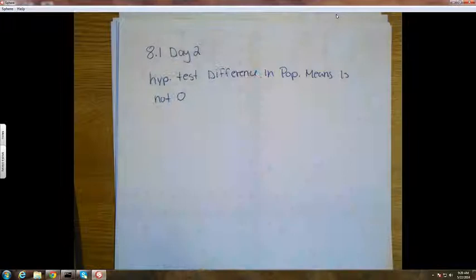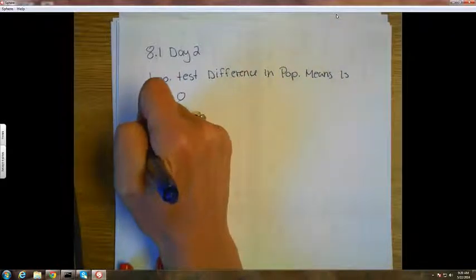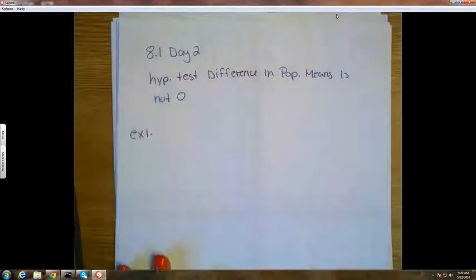Not compared to 0, not equal to 0, less than 0, greater than 0, like we had before. Everything was 0 there in the Ho. Today it's not going to be 0 on some of them. So we're going to go right into an example because the process is the same, and you'll see where the difference comes in.